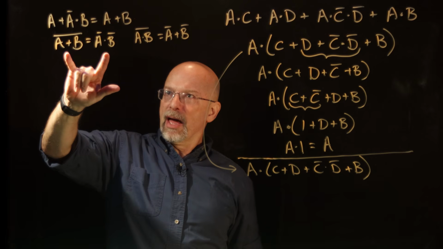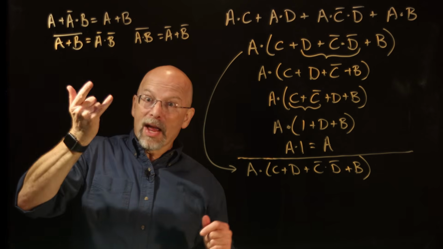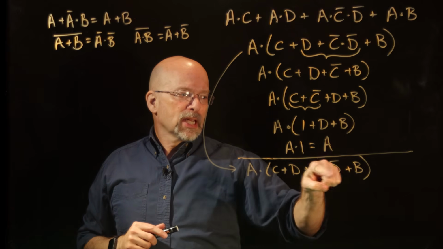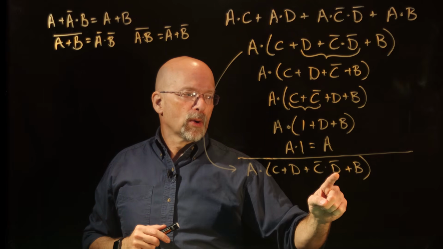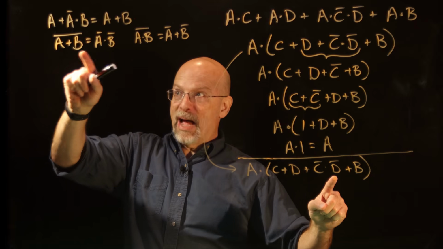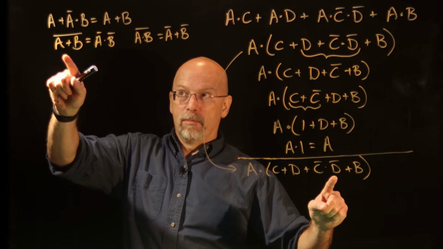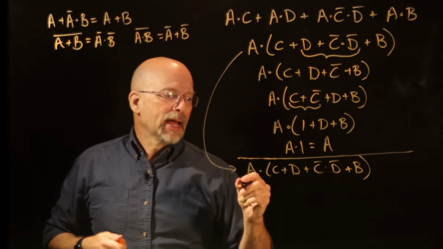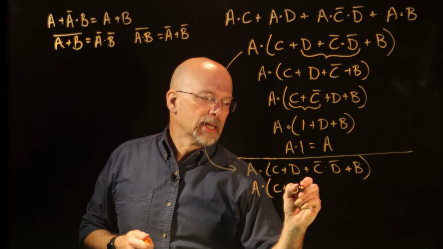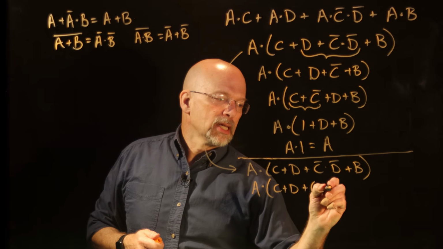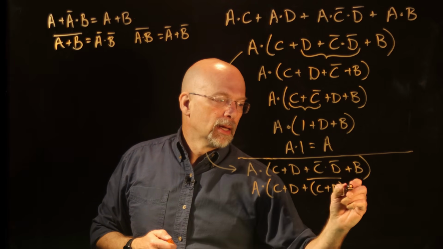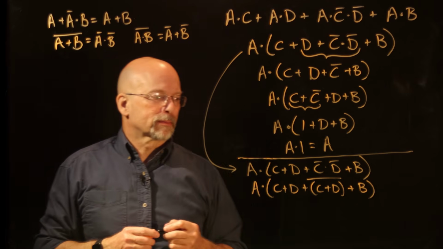I could actually apply this backwards, the other way around. Instead of distributing, I could pull the bar out. Look at this C bar and D bar. That looks like this form, right? If I go backwards and make it A or B inverted, I get A ANDed with C or D ORed with the inverse of C or D, or B.